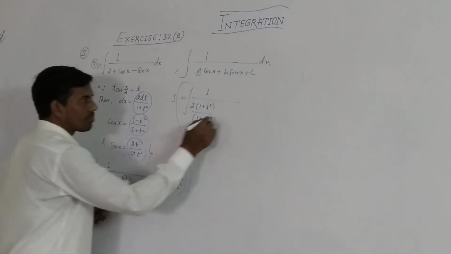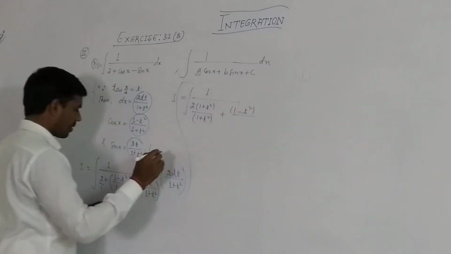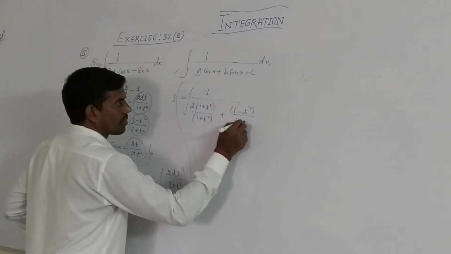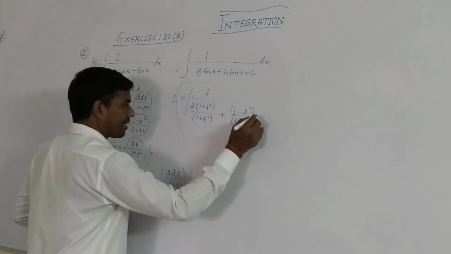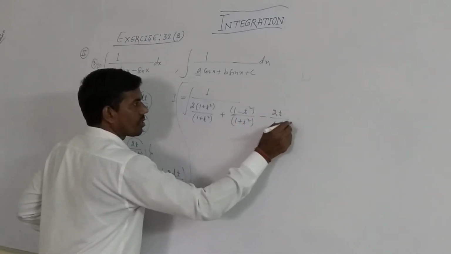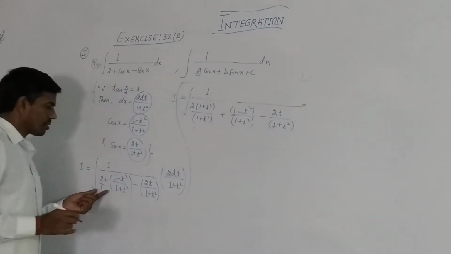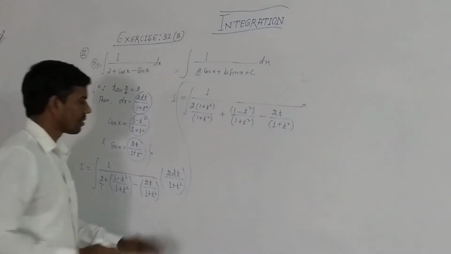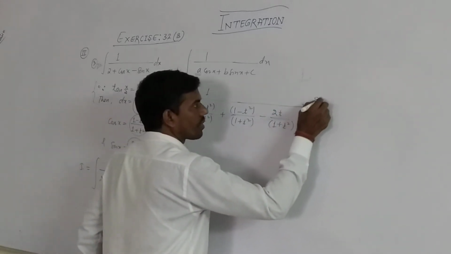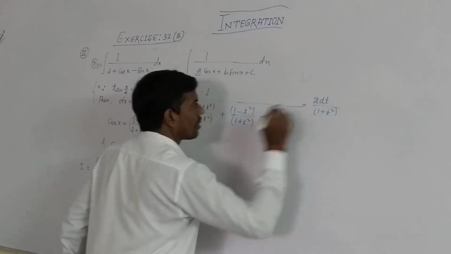Clear? The second term is plus 1 minus t square upon 1 plus t square, the third term is minus 2t upon 1 plus t square.